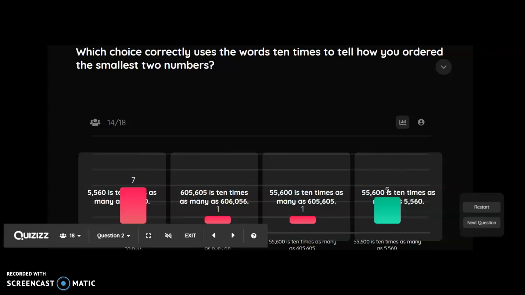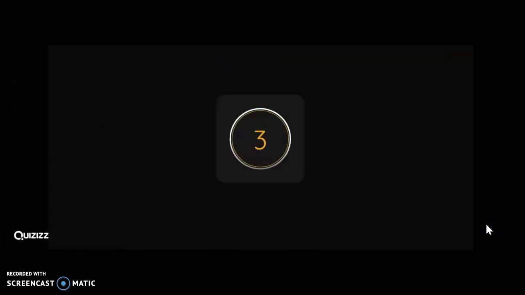Remember we could replace the word is with the equal sign and times as many as with a multiplication symbol. So 55,600 equals 10 times 5,560. You can replace those words on your test to make sure that you answer correctly. All right, next question.